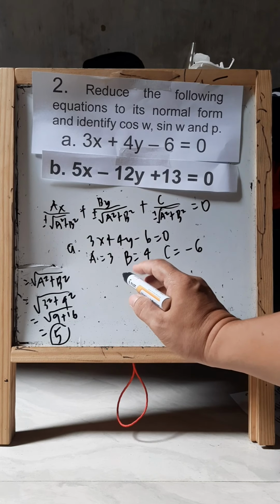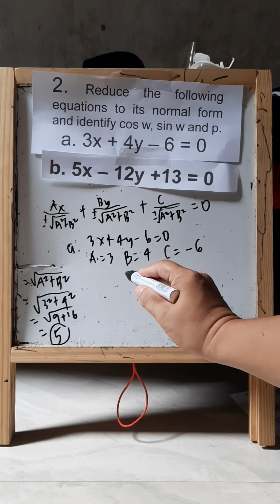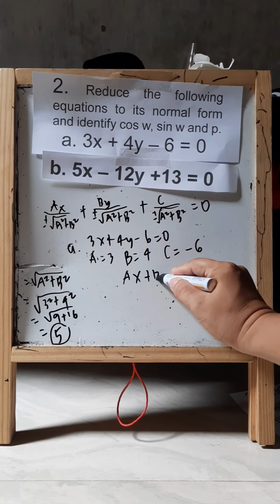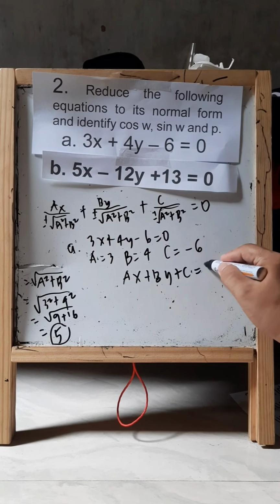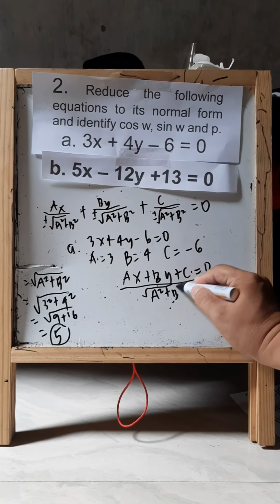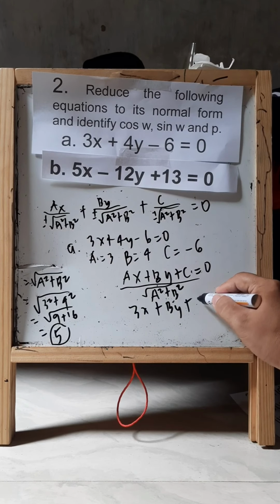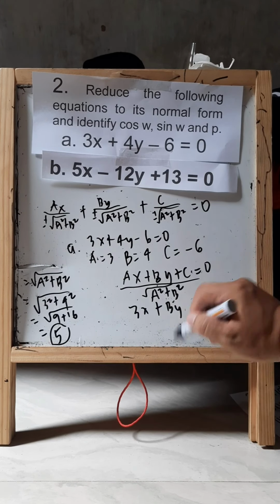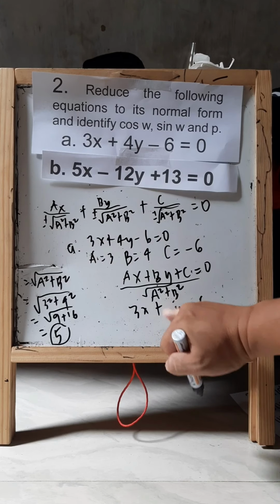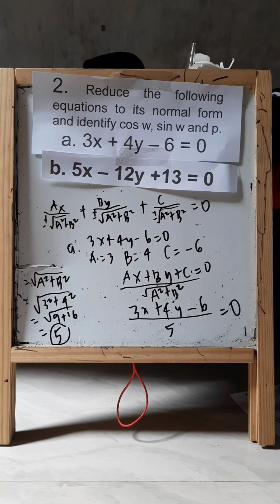So therefore the equation is, we can just write this as Ax plus By plus C all over square root of a squared plus b squared equals 0. So 3x plus 4y minus 6 over 5 is equal to 0.